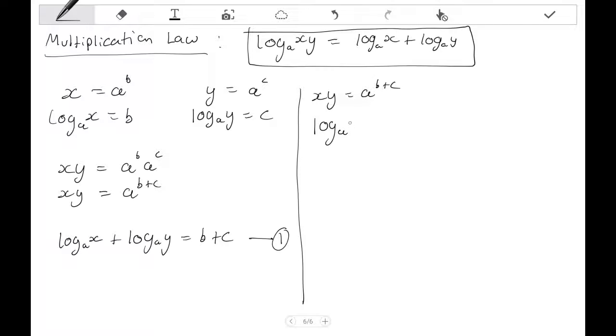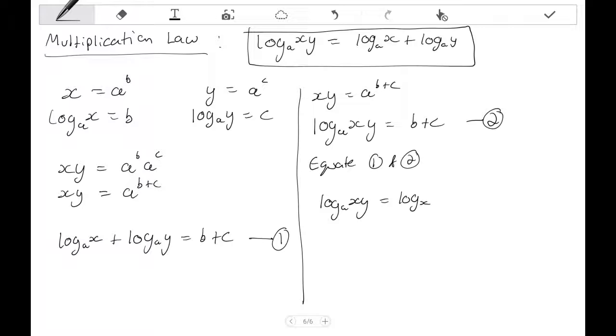And this time we'll have that log base a of xy is equal to b add c. I'm going to call that 2. Now we can see that we can equate 1 and 2. And we'll see that log of xy is equal to log x add log y.